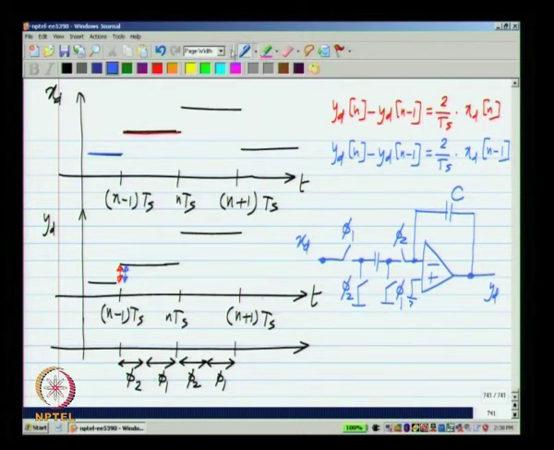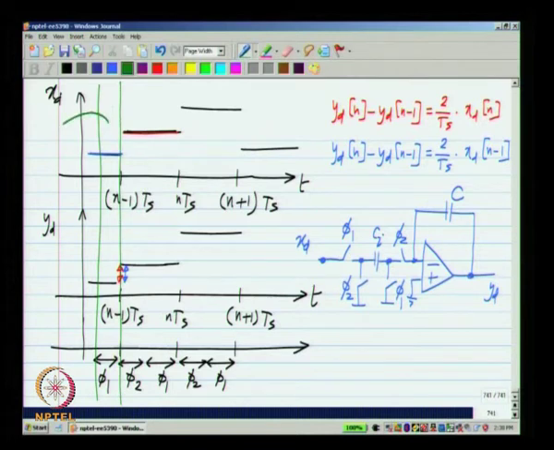So, what that means is that, let me call this Ci. During this period, during this interval, Ci gets charged to xd of n minus 1.